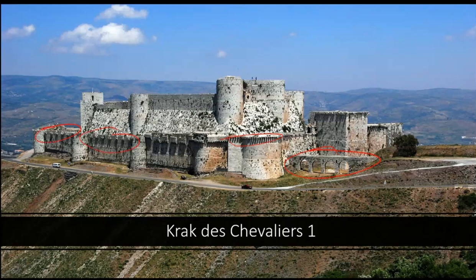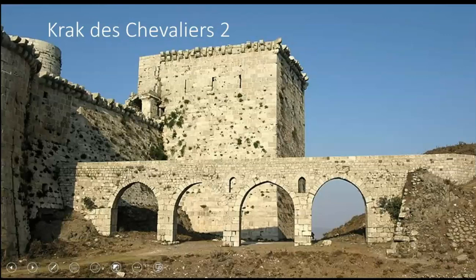Now, I forget the name of it, but I think these are probably to allow people to walk out onto the edge and then pour things onto the attackers as well. So kind of a variation on the crenellation there.